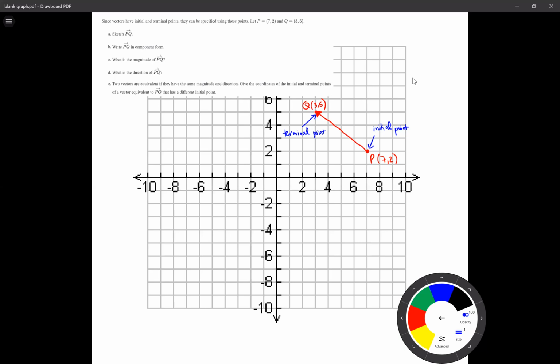All right, I got the answer from you guys. It's 4, 3, and we're using pointy brackets. Some of you say it's just like coordinates. I have 4, -3. All right. I have -4, 3.